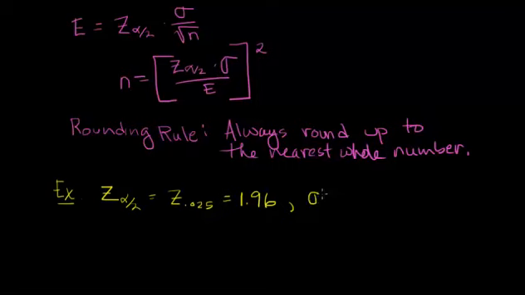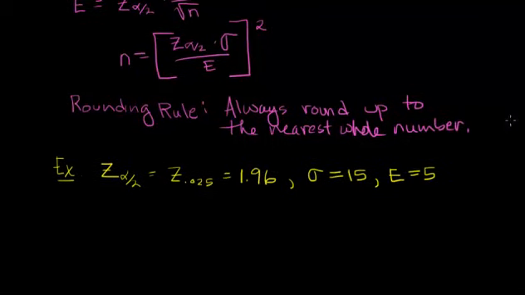They told us our standard deviation for IQ scores is 15, and that we want our margin of error to be within 5 IQ points. This isn't a percentage like proportion. When we're talking about the mean, it'll be in the units of measure, whatever we're measuring, whether it's pounds or IQ points. So 5 IQ points.